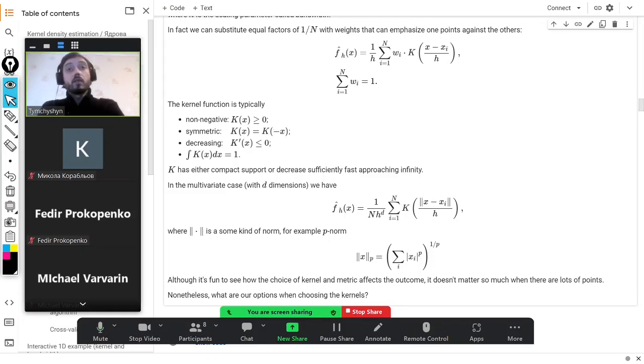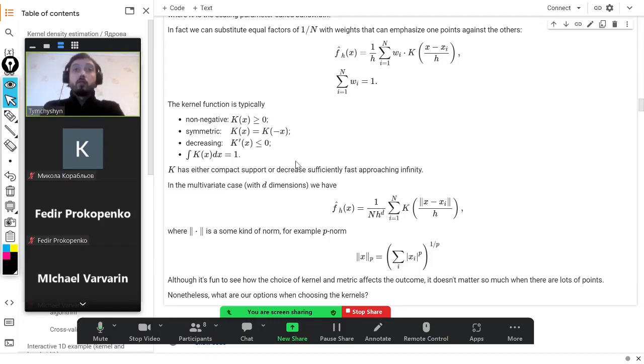Probably we will want our kernel to be symmetric. It's not a very, let's say, strict condition, but all the kernels that I have seen, they were symmetric. Of course, you want your kernel to be decreasing. Once again, because your probability distribution that you get at the end of the day, you want your integrals to be, let's say, well defined and to be equal to 1.